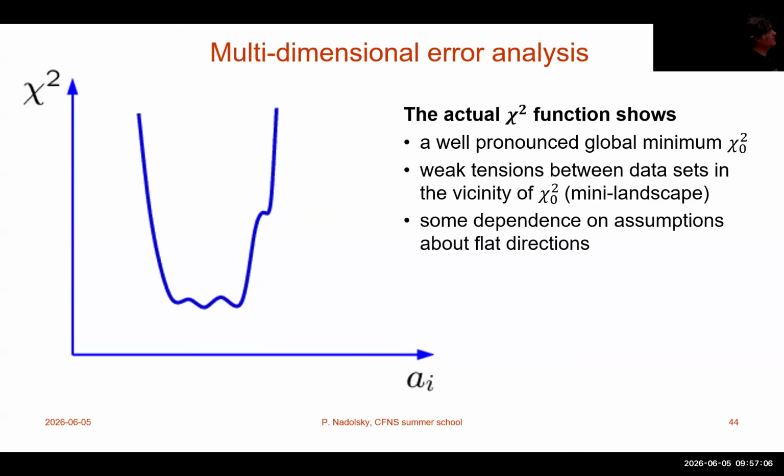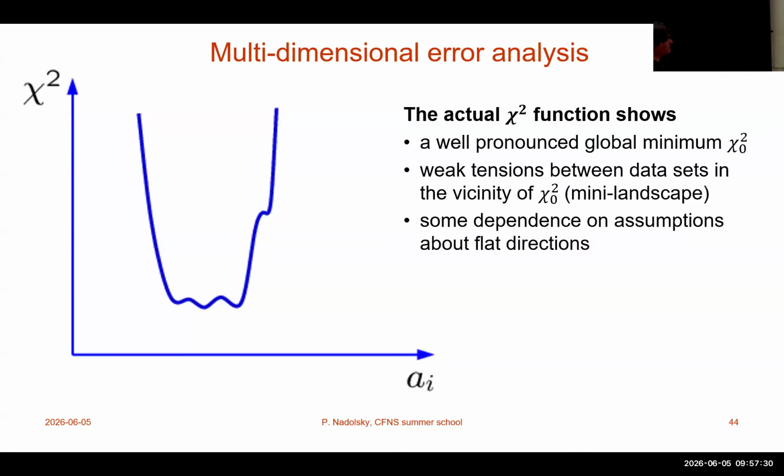We typically have a chi-squared function that has a pretty well-pronounced global minimum, except it's not purely Gaussian. There is a well in the chi-squared function, but this well is not perfectly Gaussian. It has some kind of structure, right? And so the question is, how do you estimate the uncertainty? Well, this kind of works almost like Gaussian.